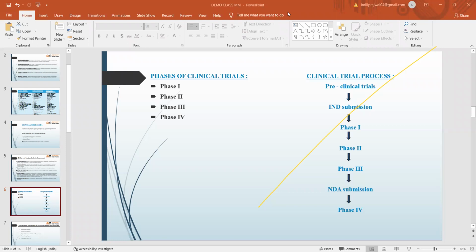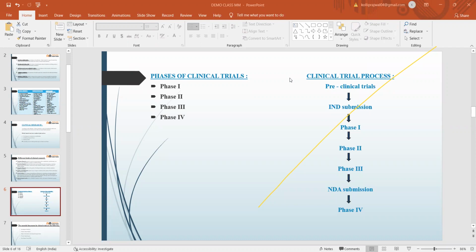Now in clinical trials, as I said, there are 4 phases: phase 1, phase 2, phase 3, and phase 4. These were the common 4 phases, but in 2006 they introduced one more phase, called phase 0. In phase 0 there is microdosing. Again, we will learn what microdosing is in detail in the course.